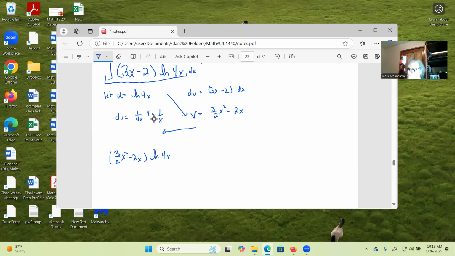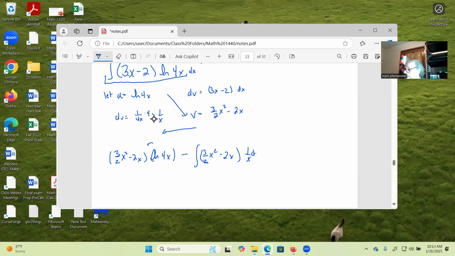It just tends to work better, because when people are reading this quickly, if you have the polynomial afterwards, they might make the mistake of thinking it's the logarithm of this whole thing. So we try to put the thing that's not in the natural log first, so we don't make that mistake. Minus the integral, and I've got 3 halves x squared minus 2x times 1 over x.